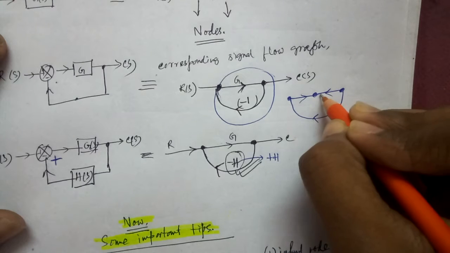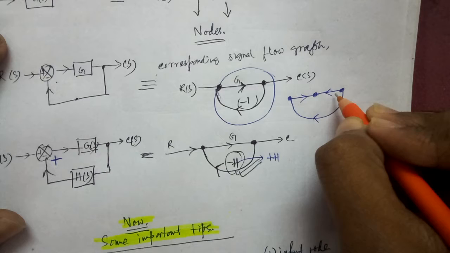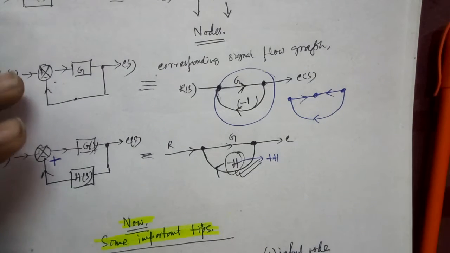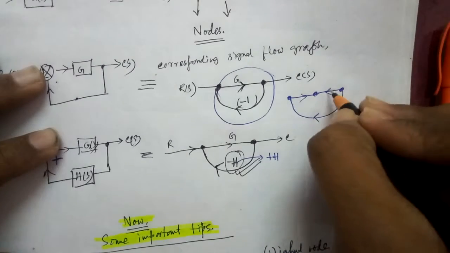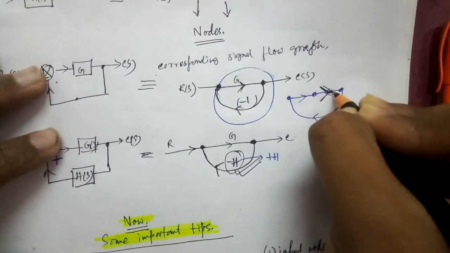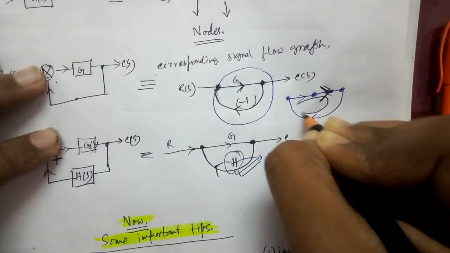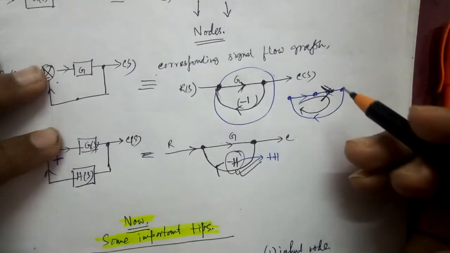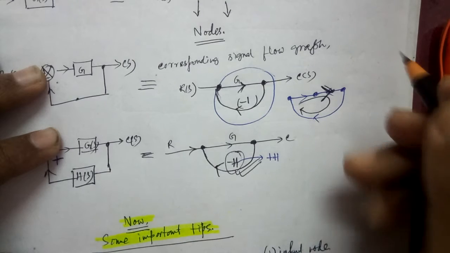Means if you go this side, the signal flow is in the opposite side, means the loop is not completing. If the arrow is in the forward direction, means in this direction, then it will be a closed loop and it will be considered as a loop. This is the very important point.